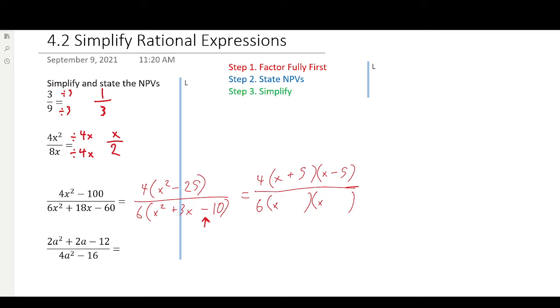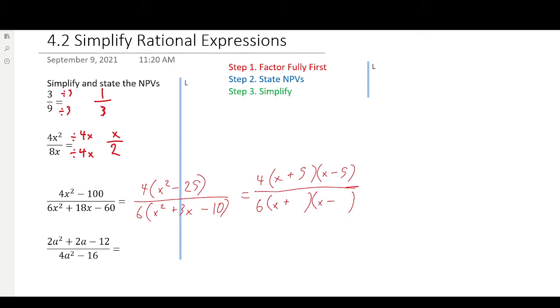So that is key. So one of our two is going to be positive, one of our two is going to be negative. And we know because this number is negative that our bigger number is positive.